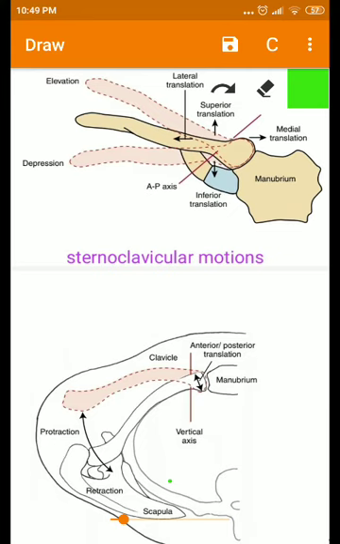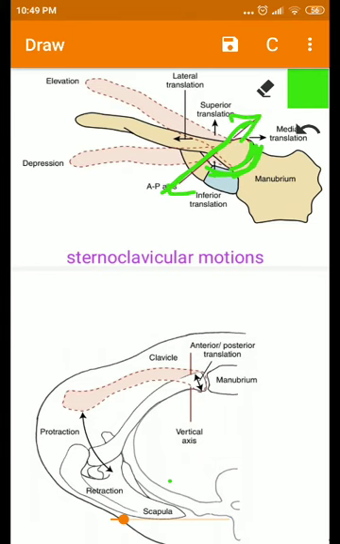The motions of elevation and depression occur between the convex clavicular surface and a concave surface formed by the manubrium and the first costal cartilage, around an AP axis, that is the anteroposterior axis.